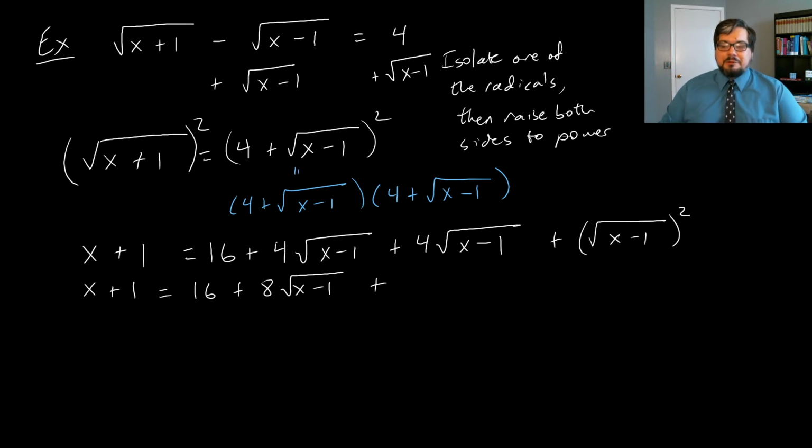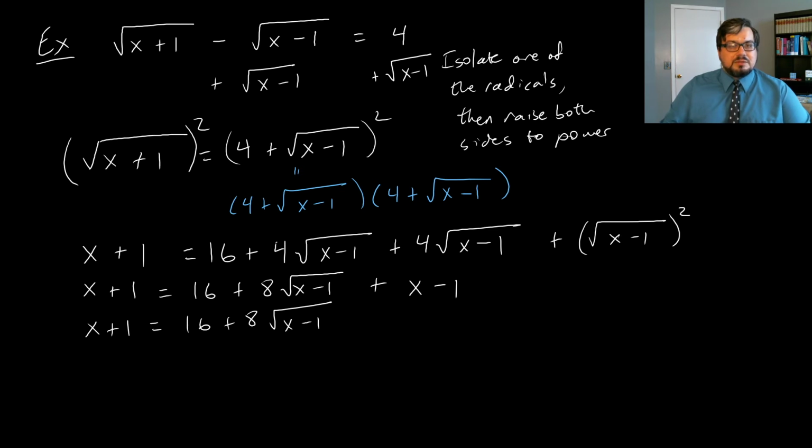The square root of x minus 1 squared is just x minus 1. The square root and the squared cancel each other out when they're written like this.